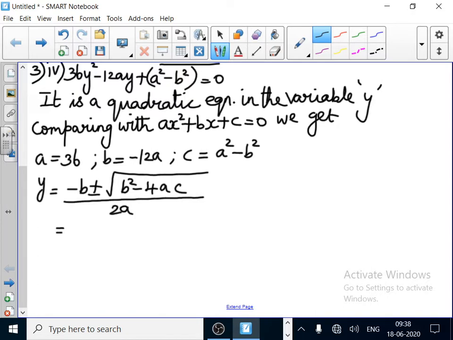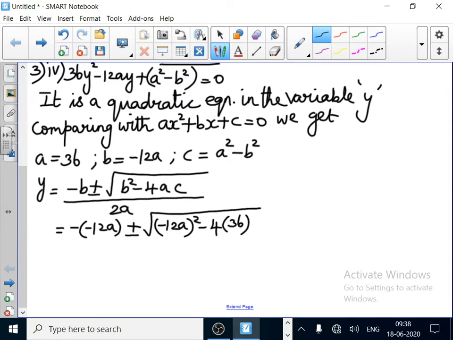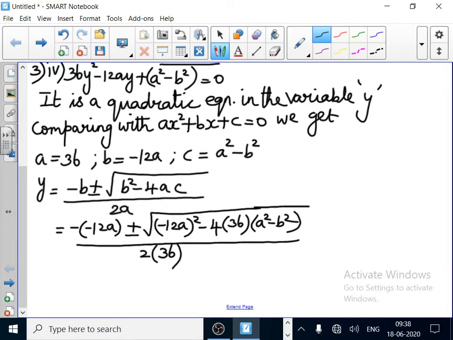That is equal to minus b, that is minus of minus 12a, plus or minus square root of b squared, that is minus 12a whole squared, minus 4 into a, which is 36, so 4 into 36, and c is a squared minus b squared. First you substitute in the formula, then you simplify, divided by 2a, that is 2 into 36.